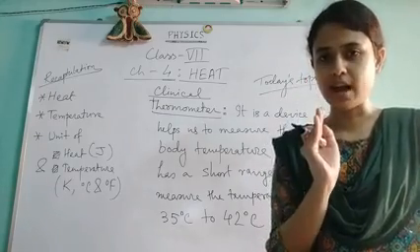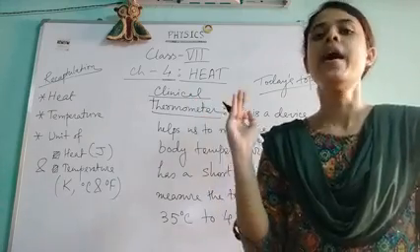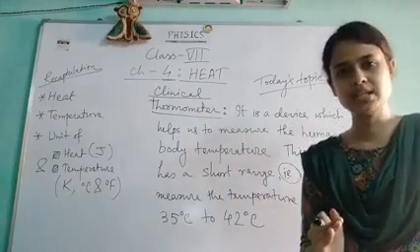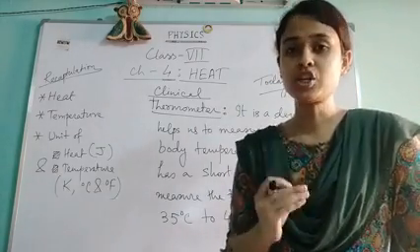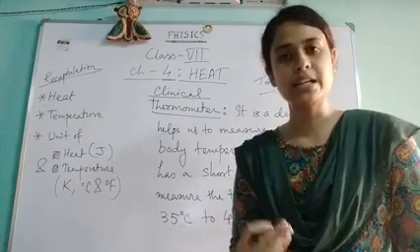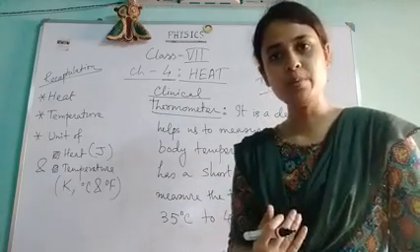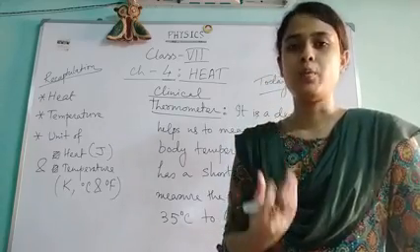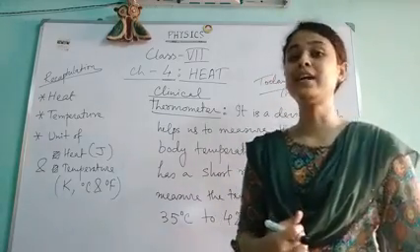It is marked 35 degrees Celsius, and the highest marking you will find on the thermometer is 42 degrees Celsius. So in our next class we will come up with the special features of the clinical thermometer, and we will learn the definition of the laboratory thermometer and the laboratory thermometer's special features. Till then, thank you and keep practicing.